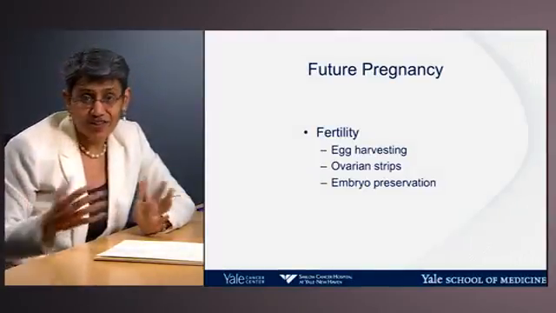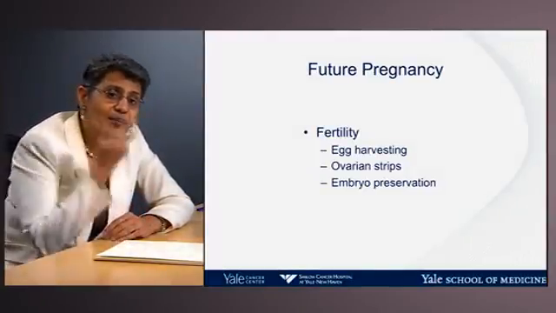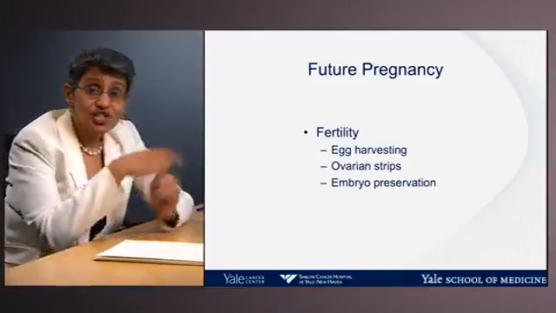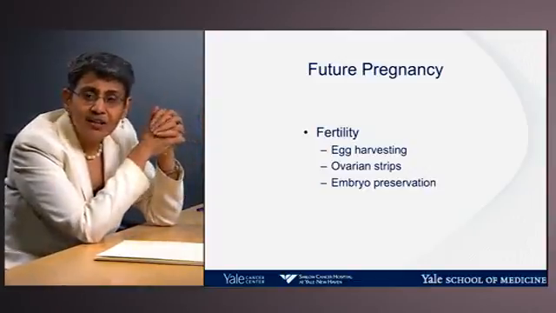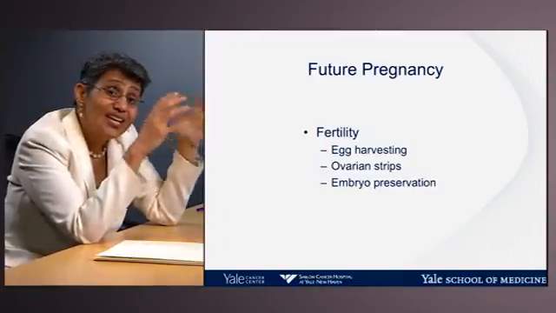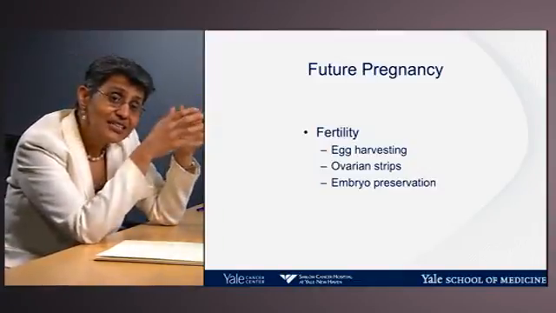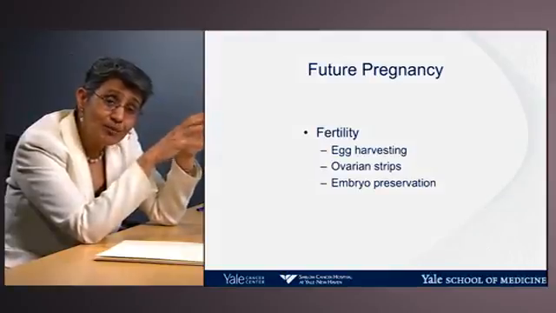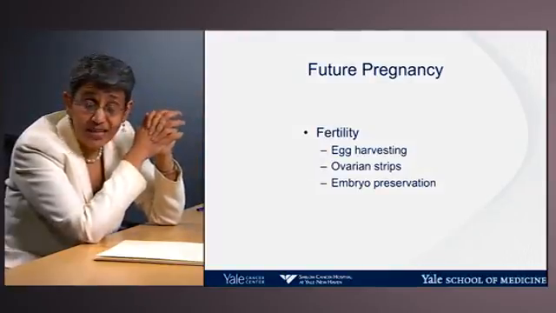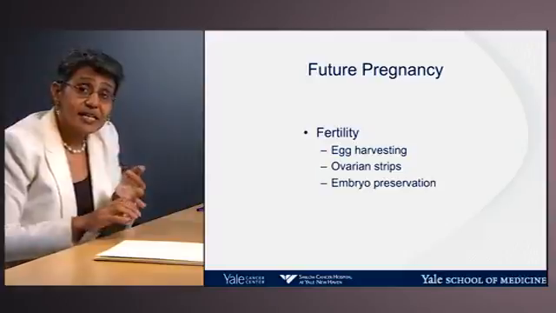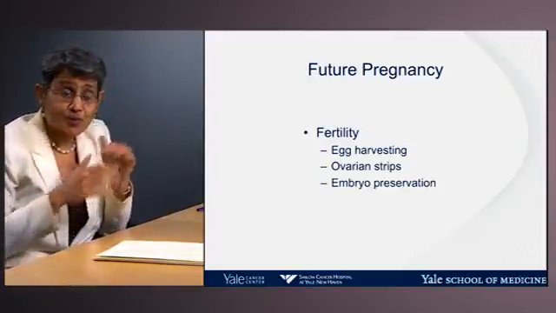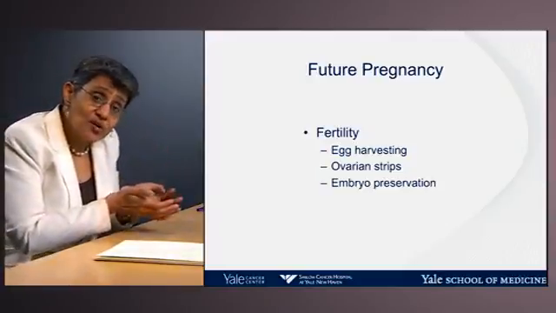And the but here is we need to be thinking about this beforehand. So, if you have a young cancer patient who is potentially going to have more children, you need to be thinking about how you can preserve her fertility, either with egg harvesting or taking ovarian strips or preserving embryos.